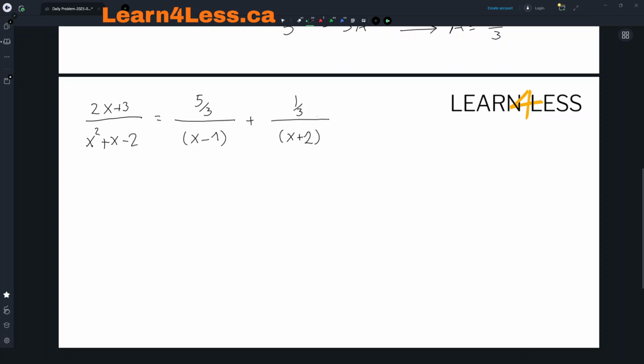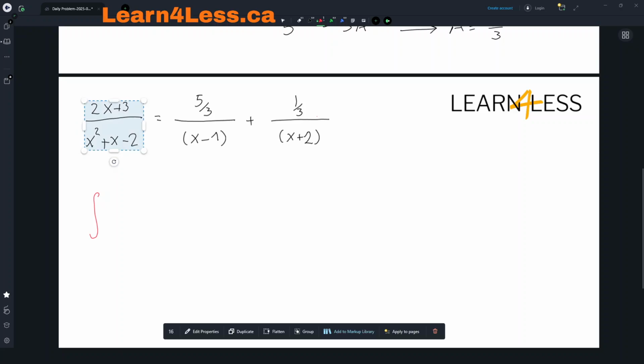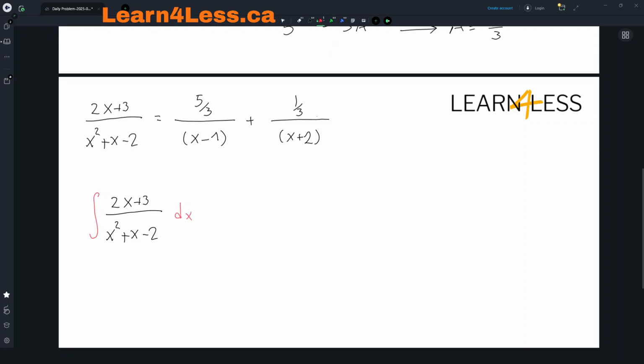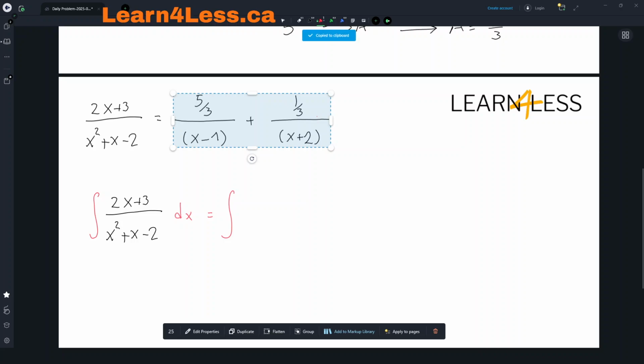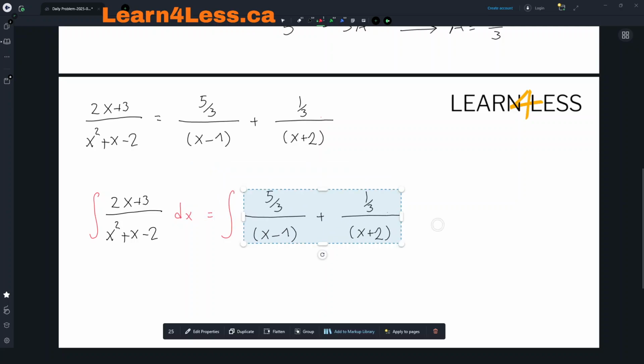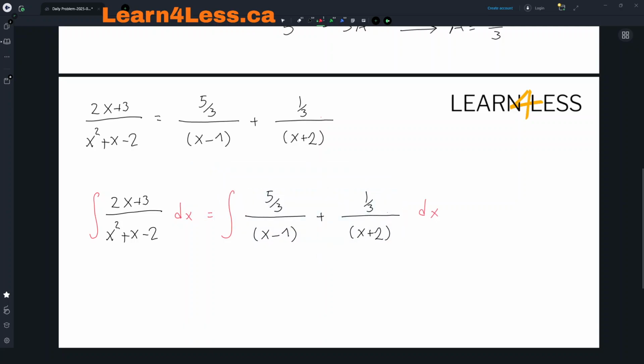Now, instead of taking the integral of these, I can take the integral of this summation. And because it's a summation, I can split the integral.